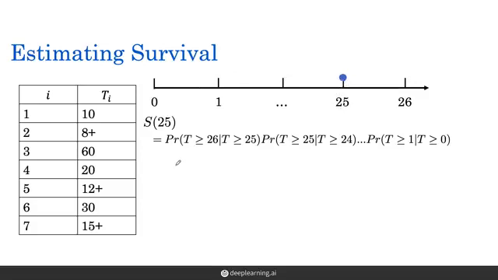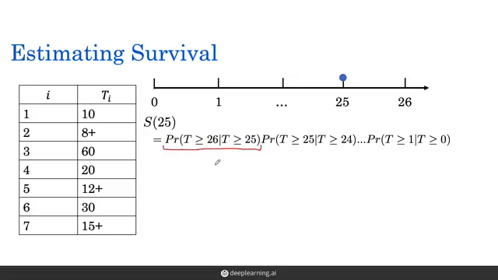which is 25. We're going to modify this expression a little more by understanding how this can break down even further. So we have the probability that t is greater than or equal to 26. The probability that t is greater than or equal to 26 is also the probability that t is greater than 25.